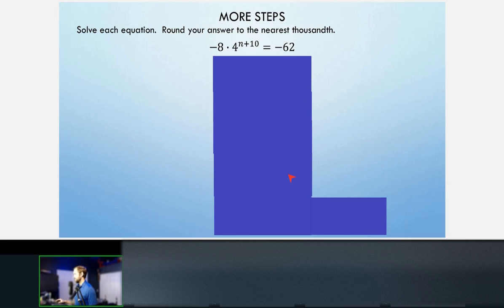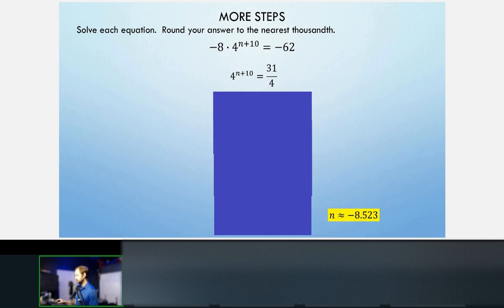Negative 8.523 is correct. Yep. Okay. Did everyone divide by -8 to start this problem? Okay, that would be correct. We divide by -8.